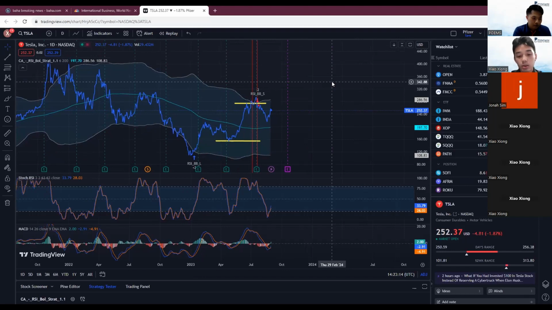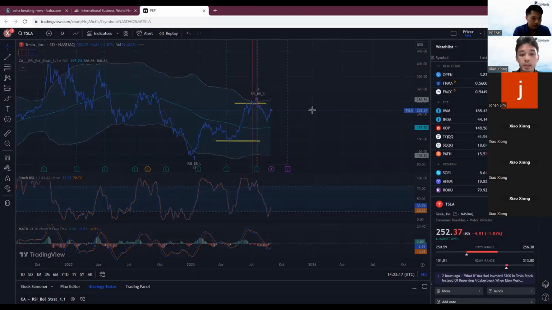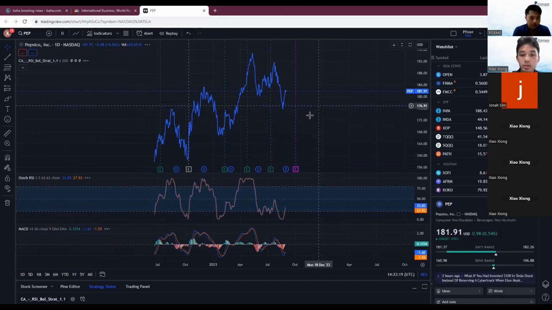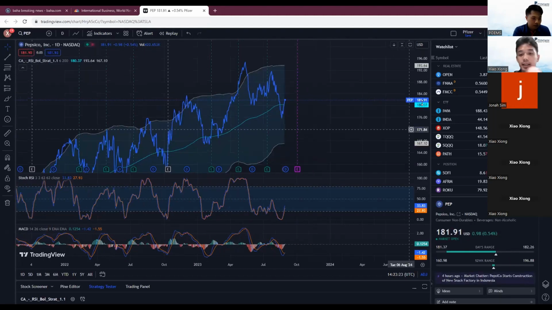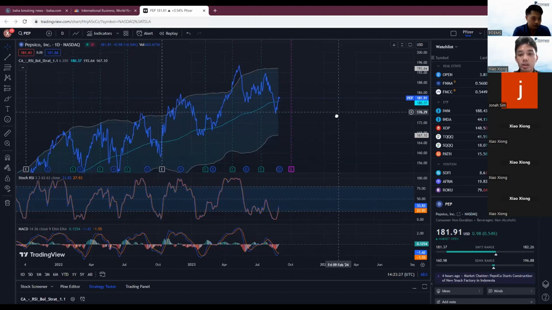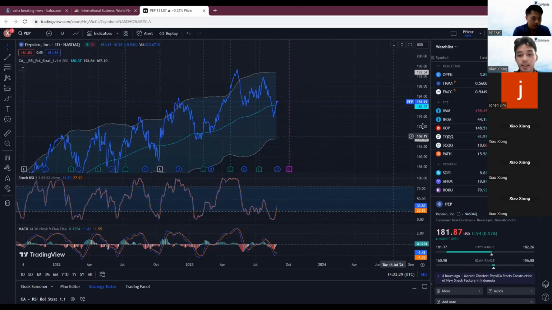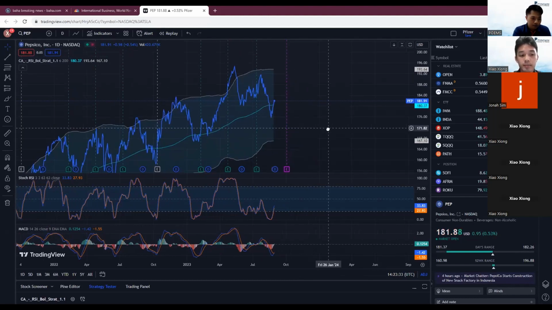We will touch on this. So I'll look into Pepsi. One of the guys earlier mentioned Pepsi. He wants to look at the entry and exit level. So I have all these indicators. Unlike Jonah, who has a very clean chart, I like to see all these fancy indicators. So I have the RSI and the moving average.